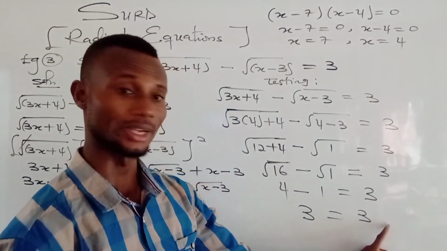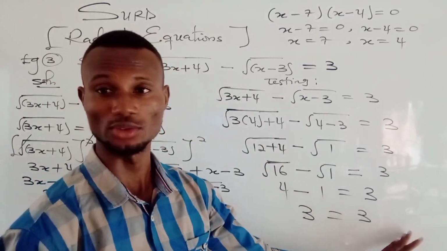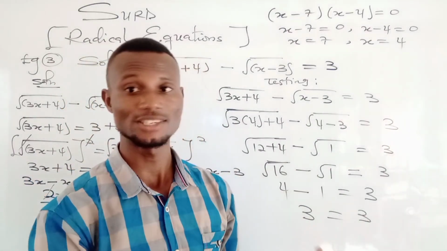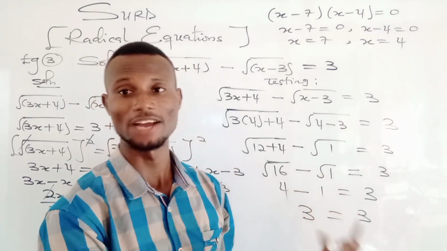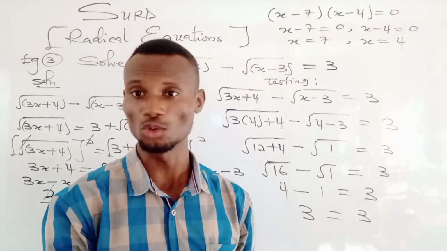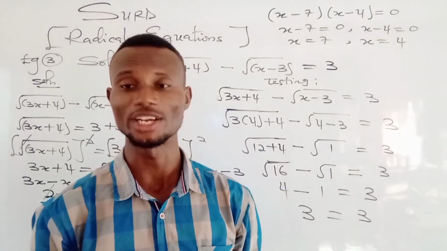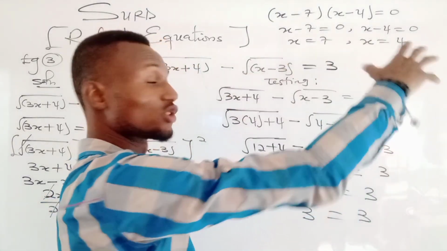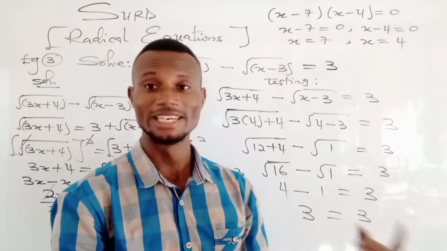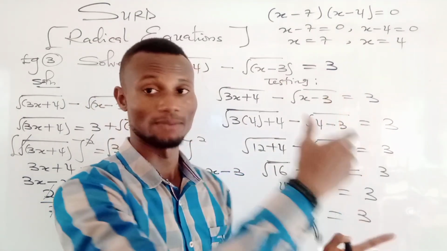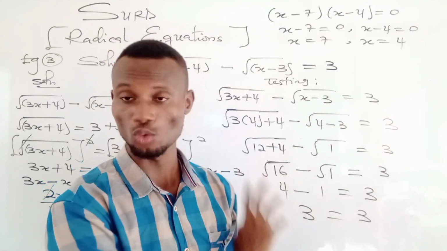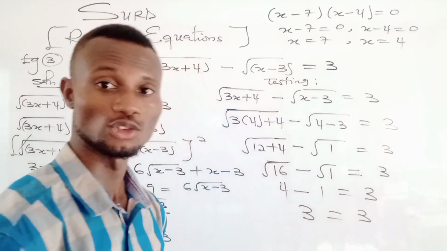So it means s equals 4 satisfies the given equation, and for that reason s equals 4 is a solution to the equation. We have the two values, and both of them satisfy the equation. So we conclude that s equals 7 and s equals 4 are solutions to the given equation. So let's do the conclusion.